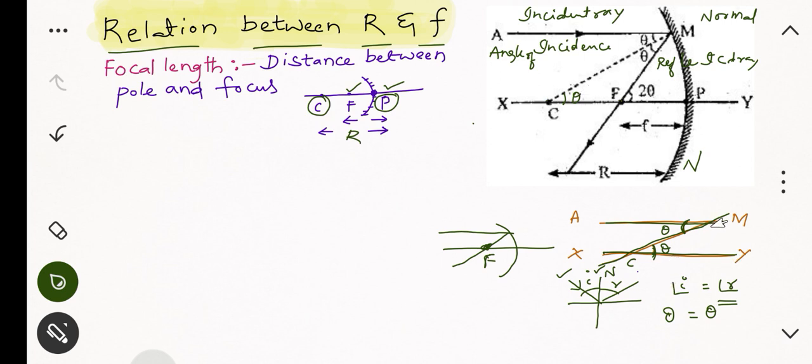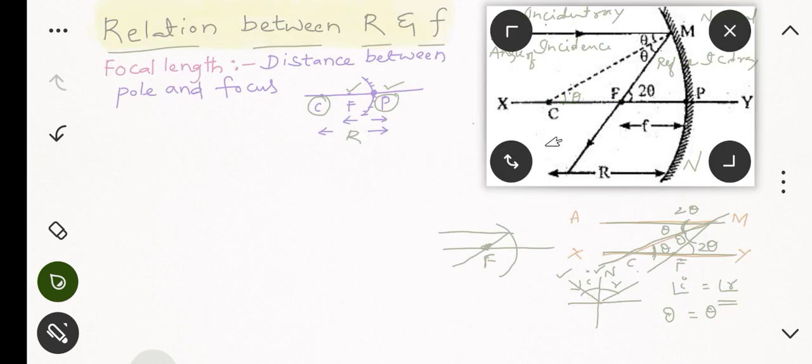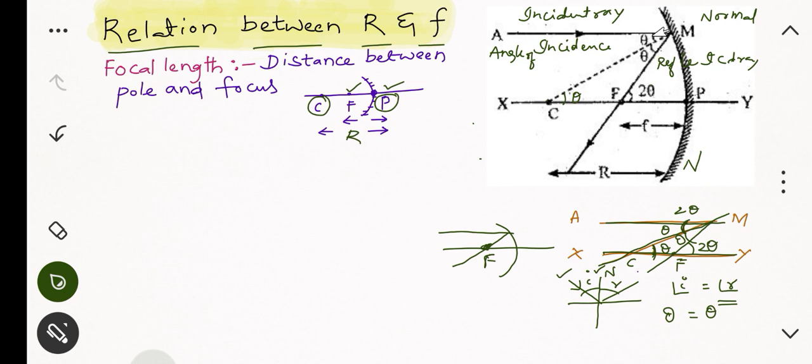In the same way, there is another ray cutting these two parallel rays, which is passing through F. From the figure it is clear that here the angle is theta, so the total angle is 2 theta. From this principle, we can say that the angle at point F is 2 theta, which is equal to the sum of theta plus theta.